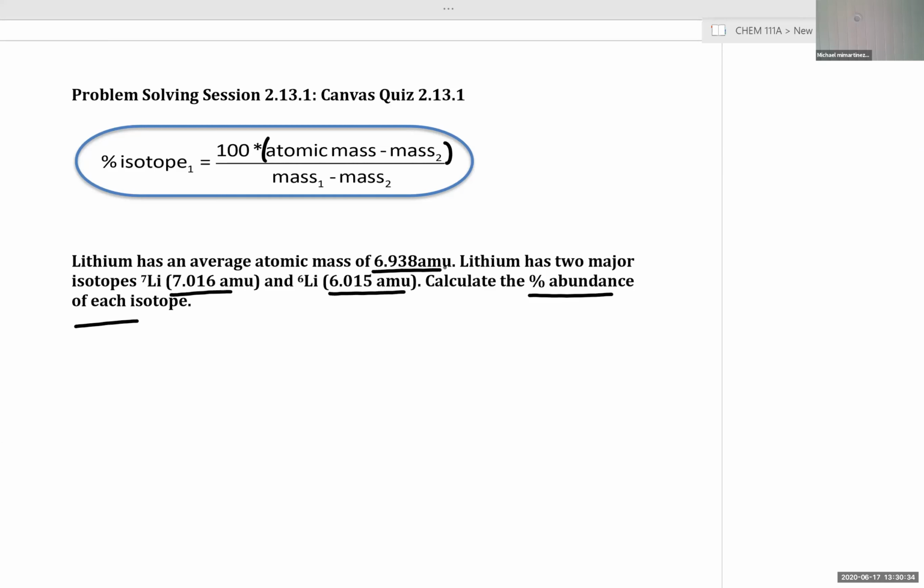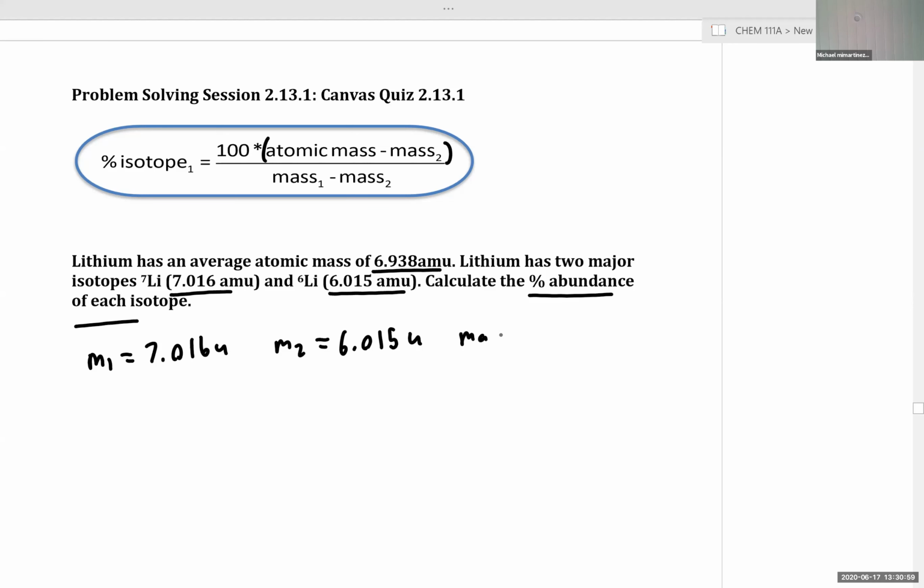So first and foremost, I'm going to arbitrarily designate isotope 1 to be lithium 7. So the mass of lithium 7 is 7.016. The mass of isotope 2 then is the mass of lithium 6, which is 6.015 AMU.